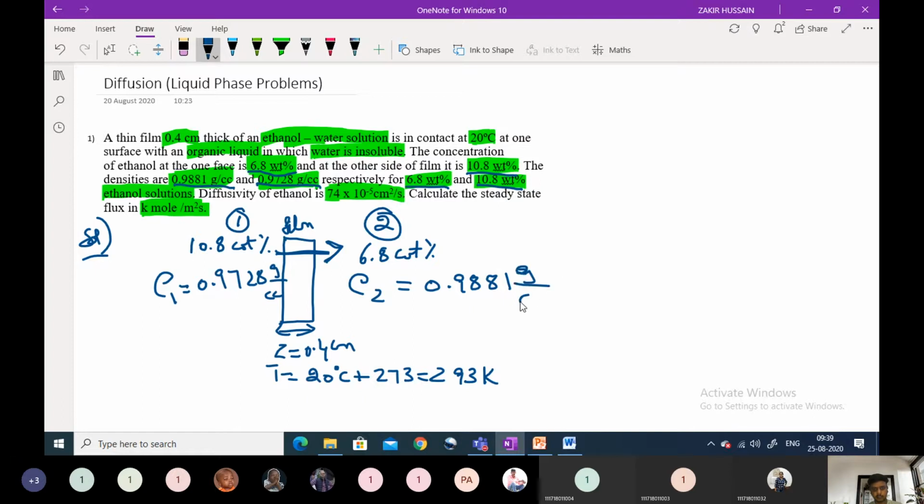Let's convert this gram per cc to kg per meter cube, our SI units. We already know 1 gram is equal to 10 power minus 3 kg, or simply 1 kg is equal to 10 power 3, or 1000 grams.